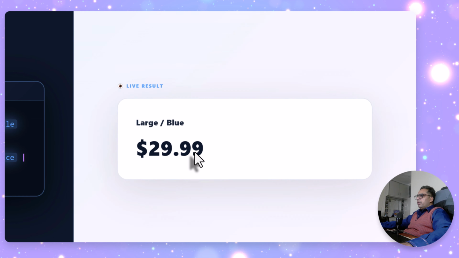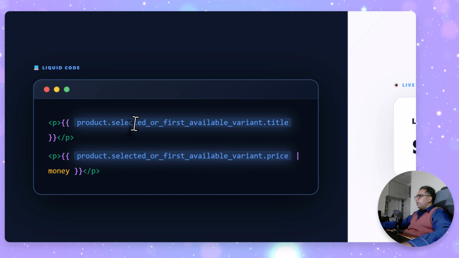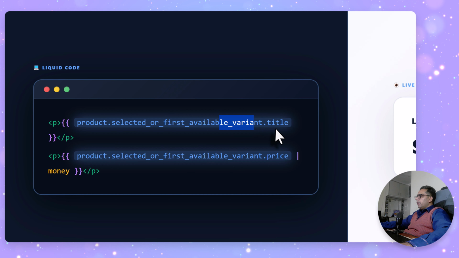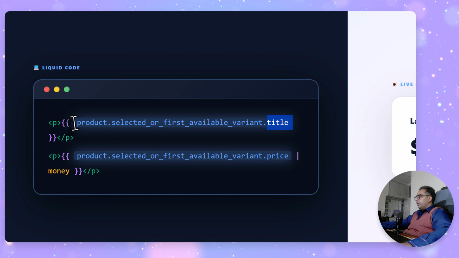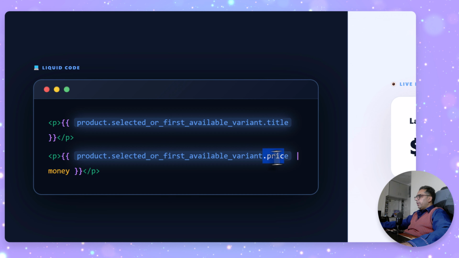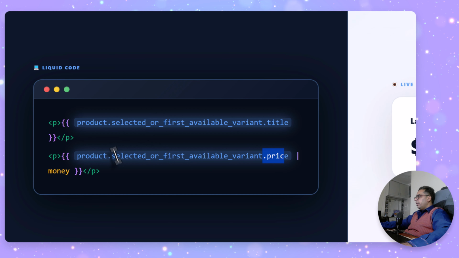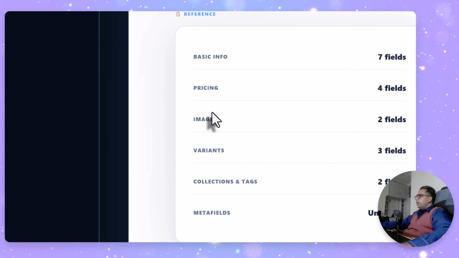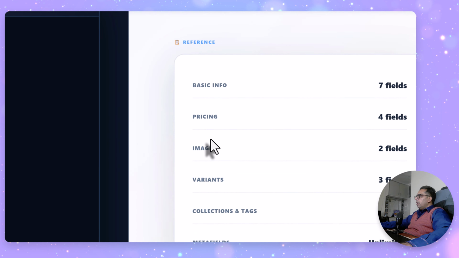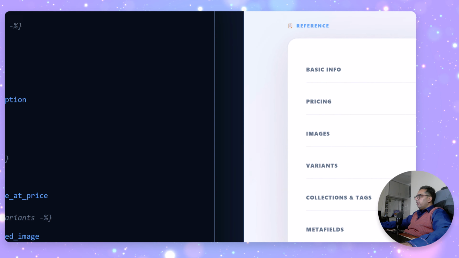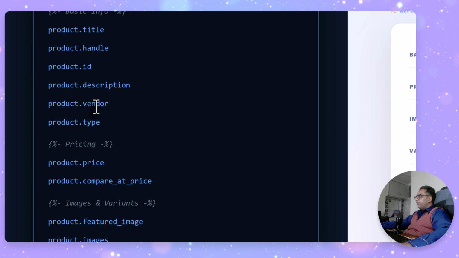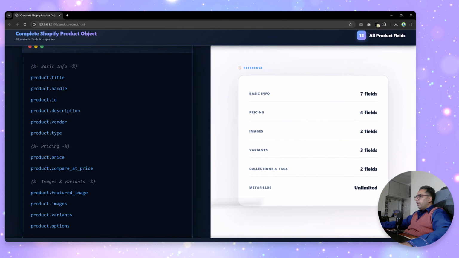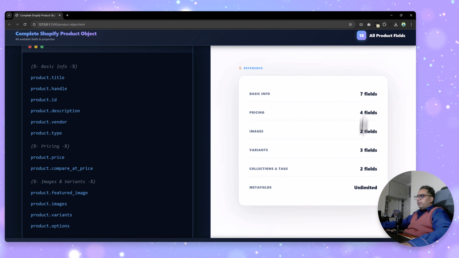Next, if you need a selected variant, you can type product.selected_or_first_available_variant, and you can get the title of that selected variant, and also its price, like this. These are all the basic information: title, handle, ID, description, vendor, type, price, compare price, featured image, images, options, variants, and these are the references over here.